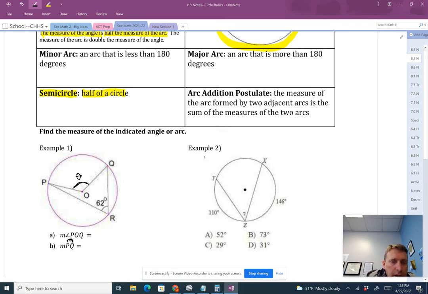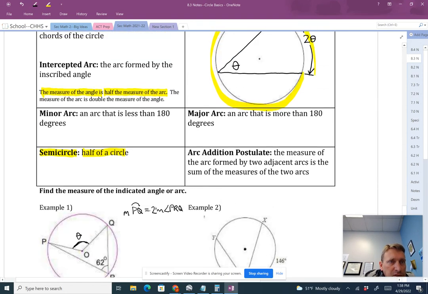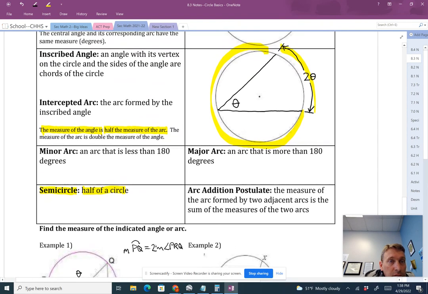So first of all, we know that since this inscribed angle is 62 degrees, the measure of arc PQ is 2 times the measure of angle PRQ, which is the inscribed angle.